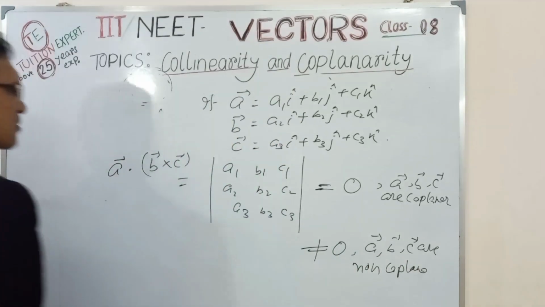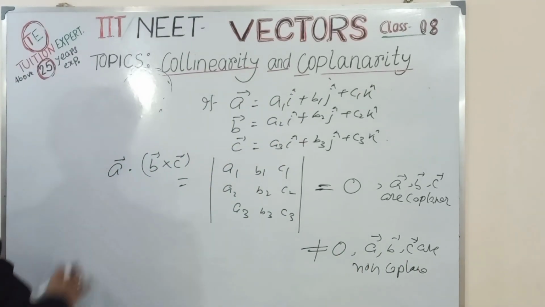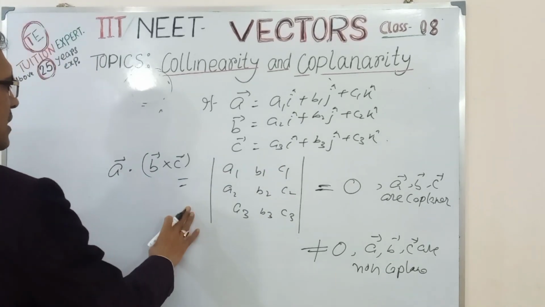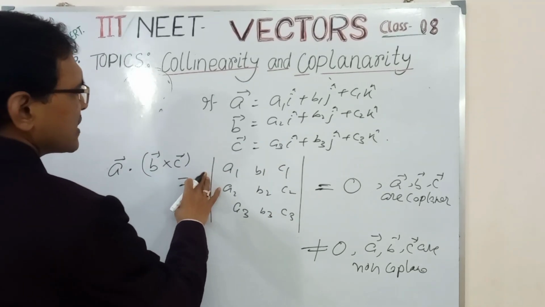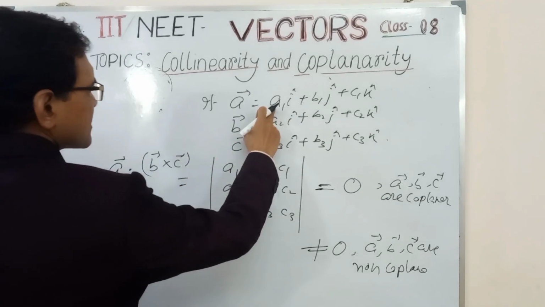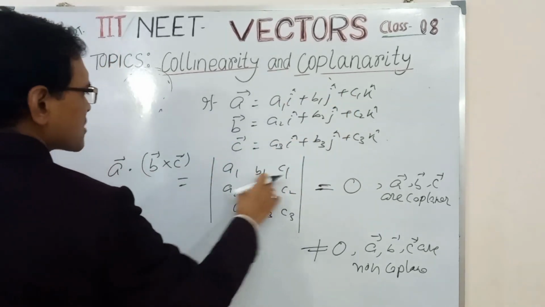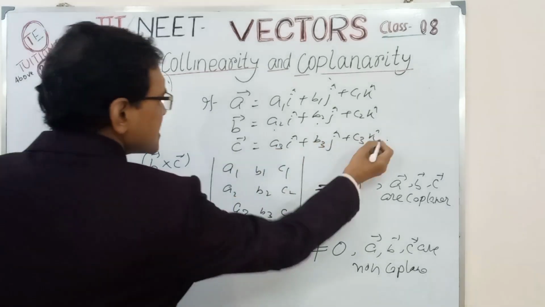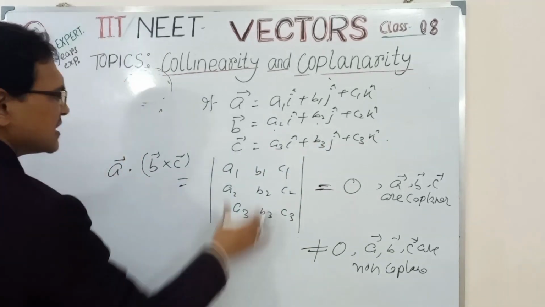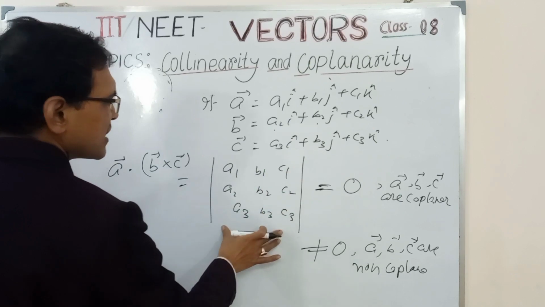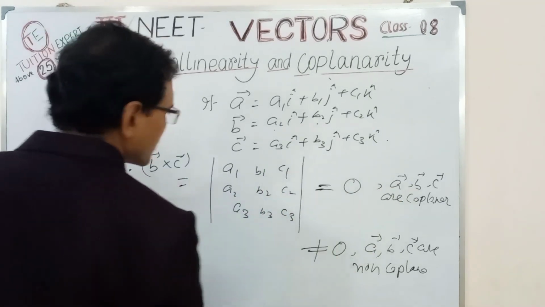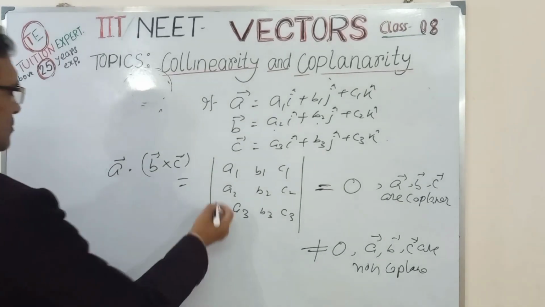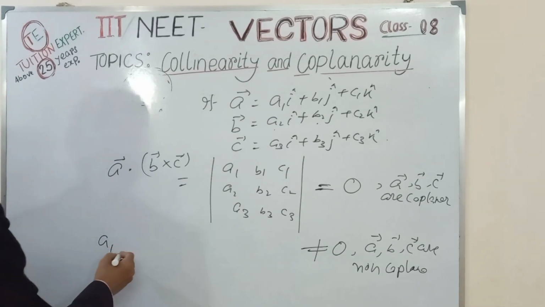So the condition for coplanarity of three vectors is that the determinant formed by these elements, A1 B1 C1 in the first row, A2 B2 C2 in the second row, A3 B3 C3 in the third row, has value 0. If the determinant is 0, then they are coplanar, and if not equal to 0, non-coplanar. So what is the value of the determinant?